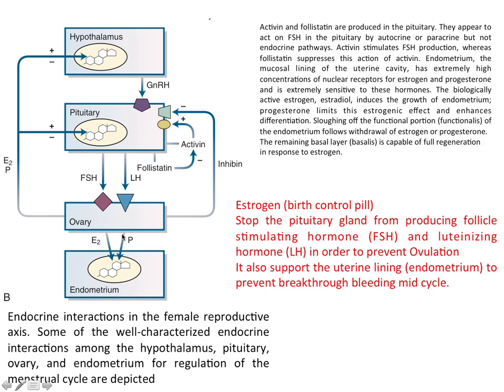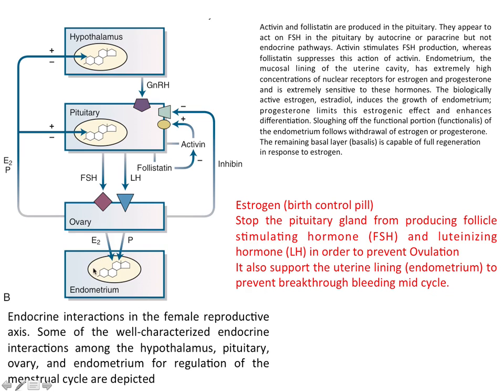Here you can see the ovary, and the surface receptors for FSH and LH. These two hormones are called gonadotropins. So gonadotropin receptors are present on the surface of ovarian cells, and under the influence of these two hormones, the ovary starts production of estradiol, that is estrogen, and progesterone, that is P. The receptors for these two important hormones are present in the uterus, particularly the endometrium lining of the uterus.